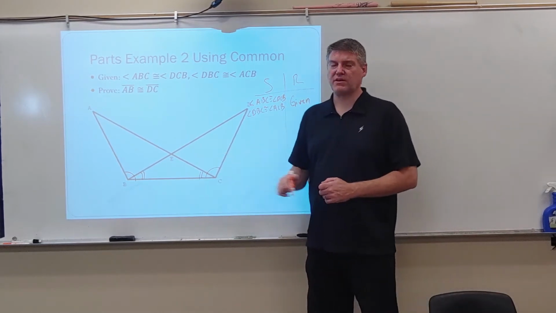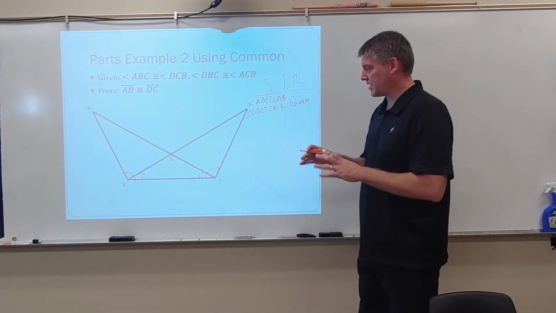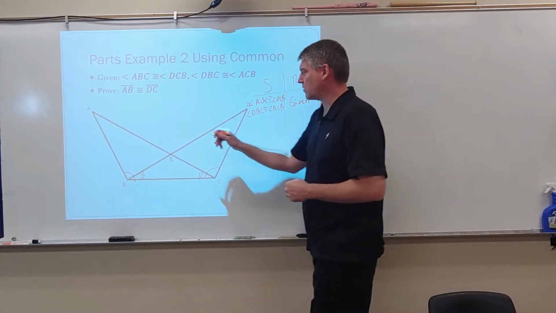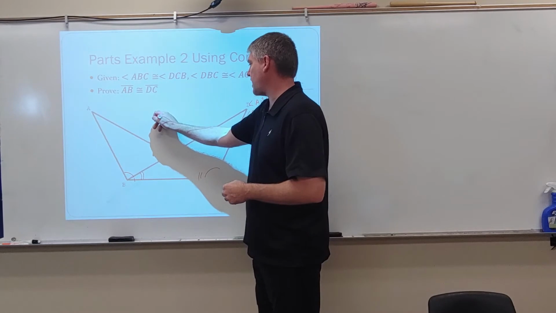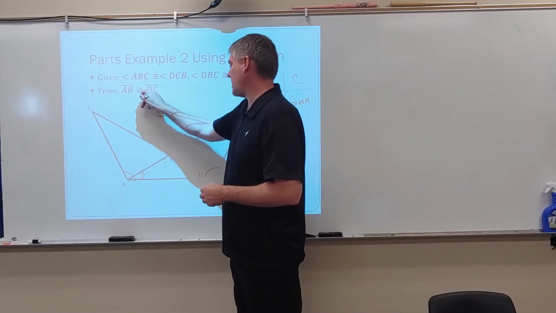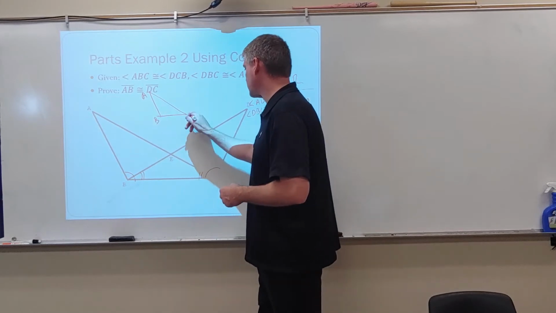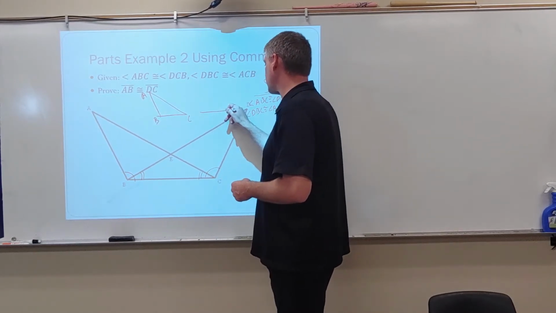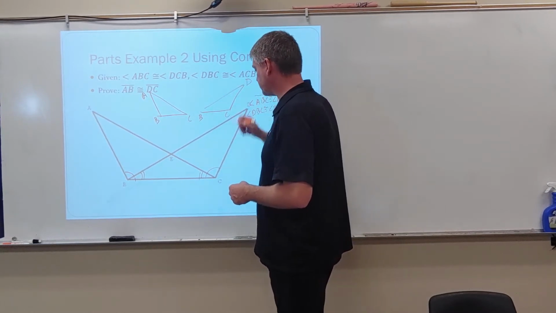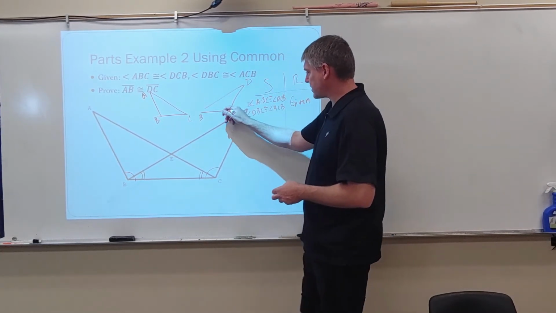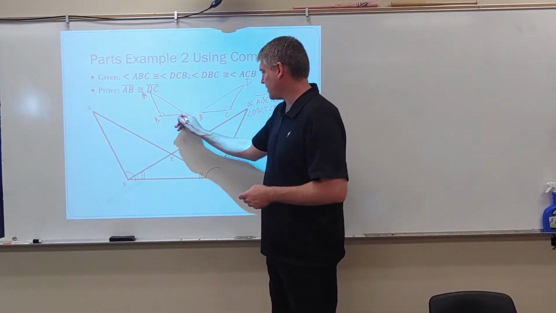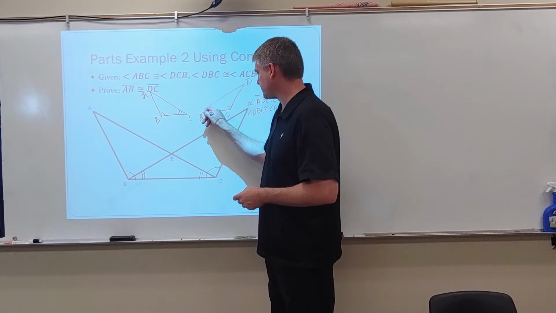Now, if you're having a tough time seeing what they're asking you to do, pull these triangles out. So I know this triangle here is A, B, C, and then we have a triangle here that is B, C, D. When we look at this, I know that these angles here are congruent, and these two angles are congruent.